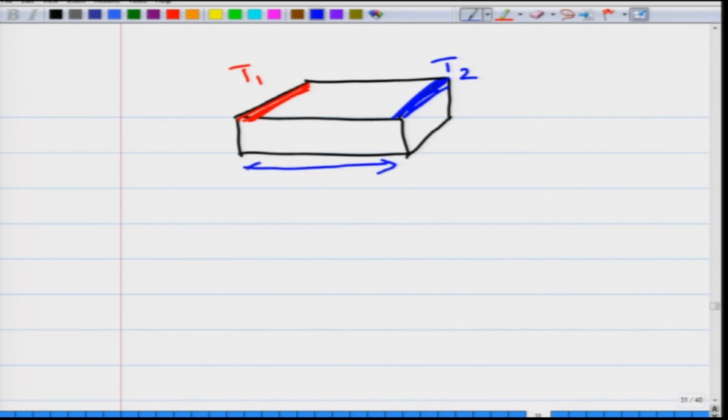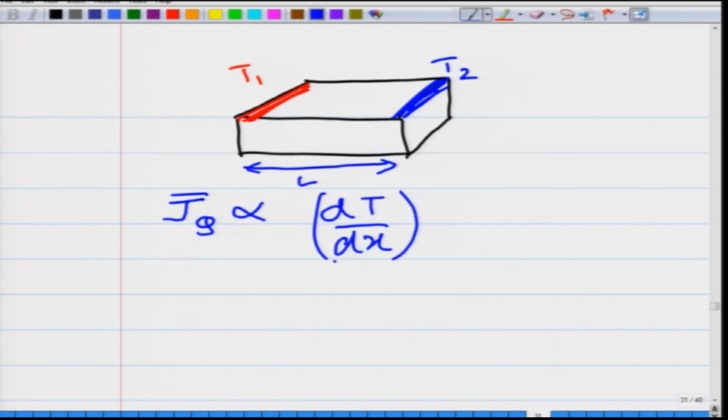Namely, this temperature difference is maintained over how much distance? L.